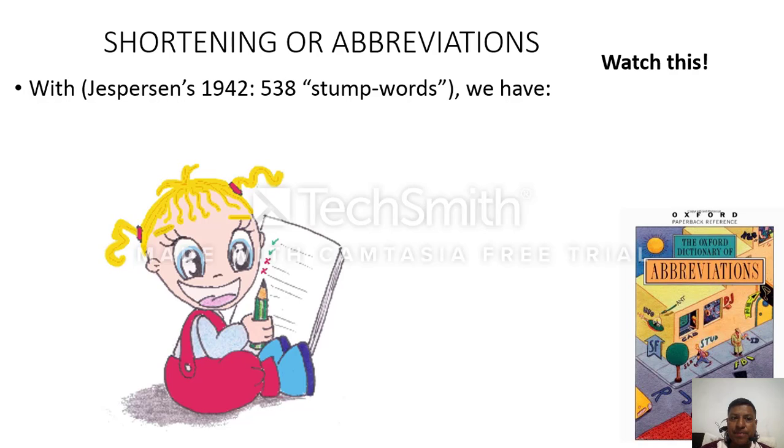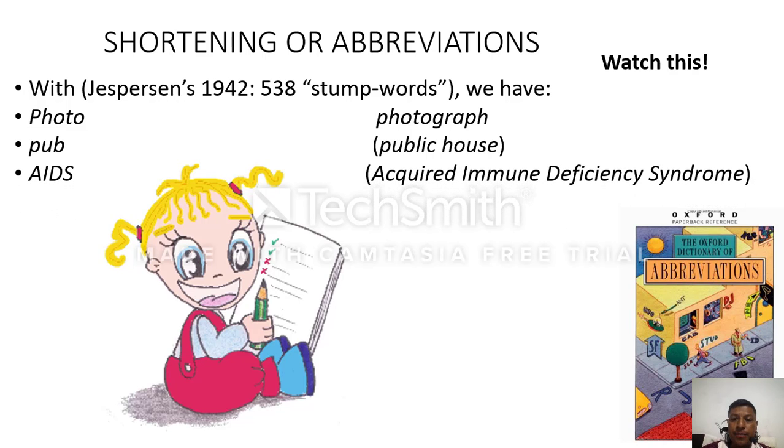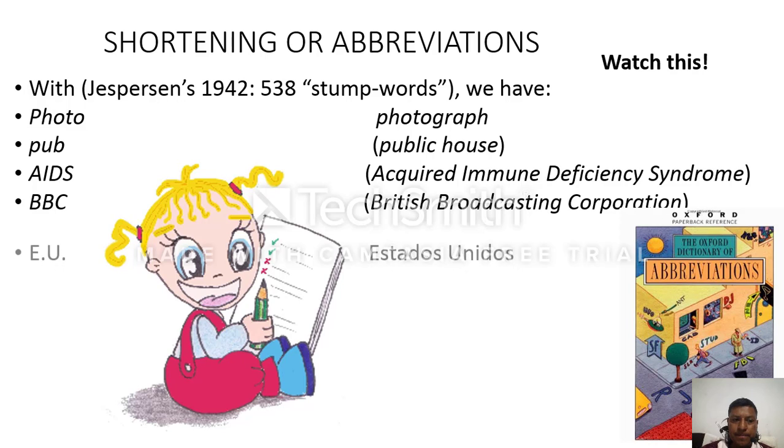The theory, yes, present in 1942. For example, photo for photography. Pub, public house. AIDS, acquired immune deficiency syndrome. BBC, British Broadcasting Corporation.